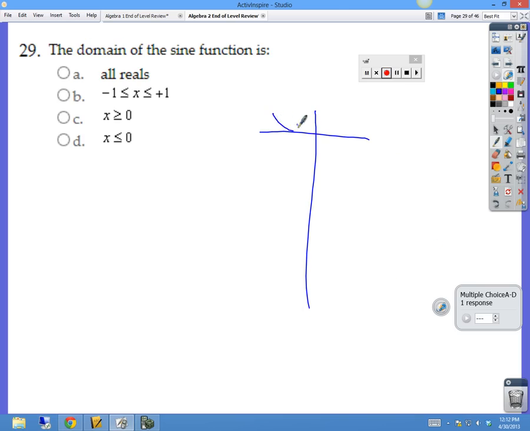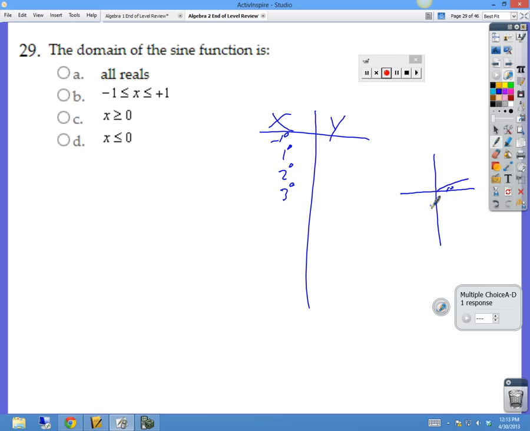So look at this. If your function is the sine, can you take the sine of any degree? 1 degree, 2 degrees, 3 degrees. Is there anything you cannot take the sine of? Can you take the sine of a negative 1 degree? What does a negative 1 degree look like? So here's a positive 1 degree angle.